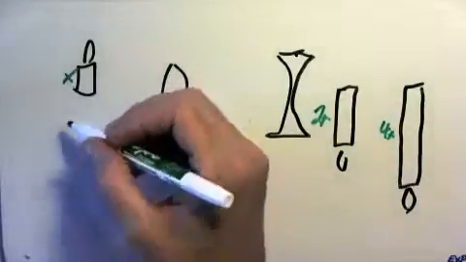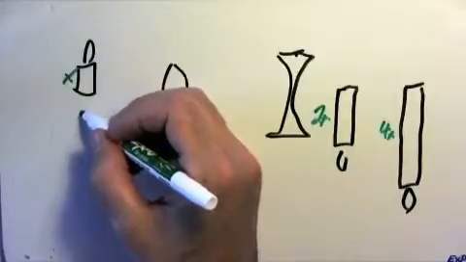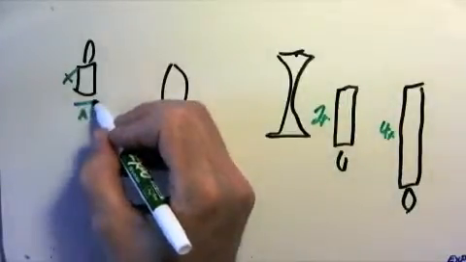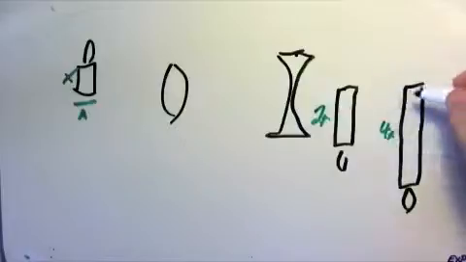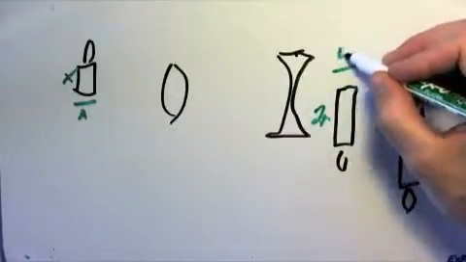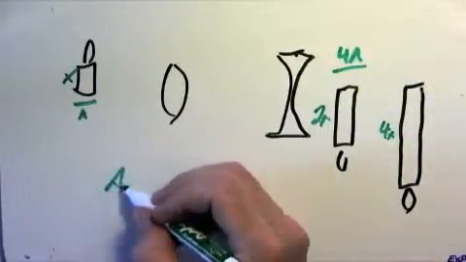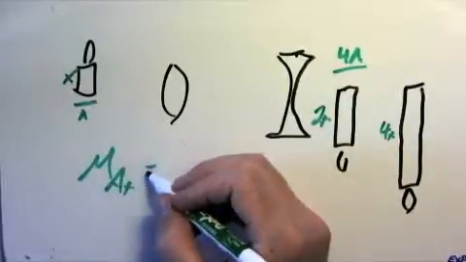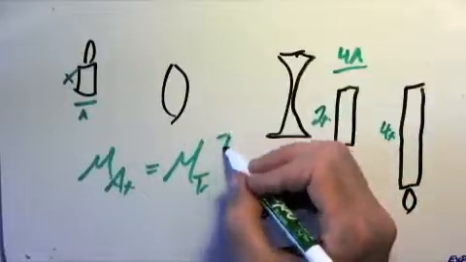The question's this: what if this thing was a units wide? How wide is this one? Is it 2a? No, I hear you shout. Of course not. It's 4a. Because axial mag, sub axial, is equal to transverse mag squared.